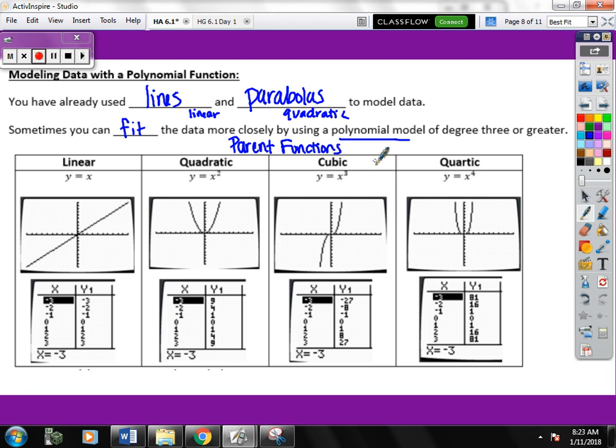A lot of times once we apply something like 2x cubed or 2x cubed plus 1, sometimes it will look more like this. If you want to jot that down. It'll look almost like a sideways S, so it goes up, comes down, and then goes back up again. Right here, it just levels out and then goes up again, but once you add in some different numbers to it, it will look more like that. And then our quartic right now kind of looks like a parabola also, but we'll see what it can look like when we adapt and model it.